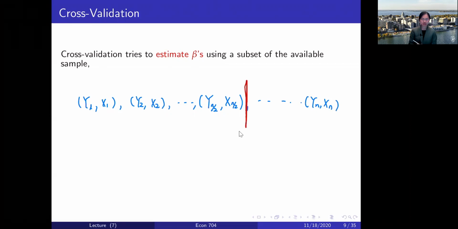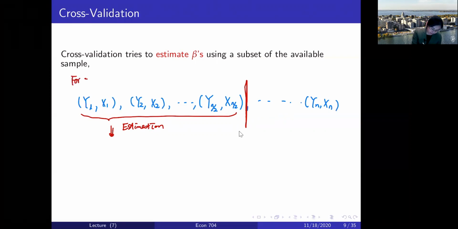two halves, using the first half as the estimation sample. You use this sample to run your ordinary least squares for each k.